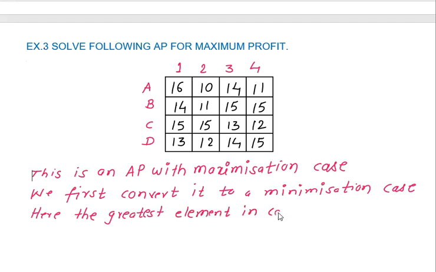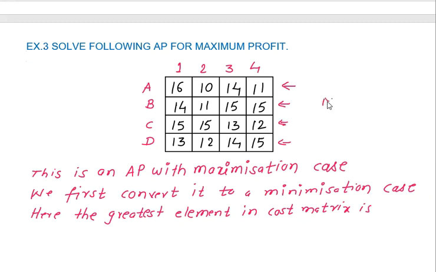Look at the first row: 16, 10, 14, 11; second row: 14, 11, 15, 15; third row: 15, 15, 13, 12; fourth row: 13, 12, 14, 15.